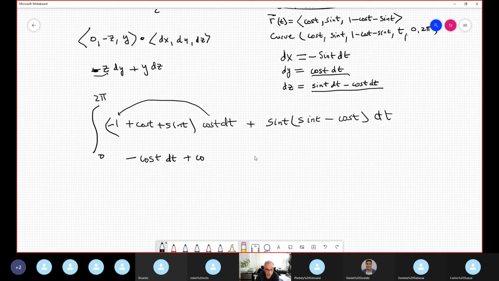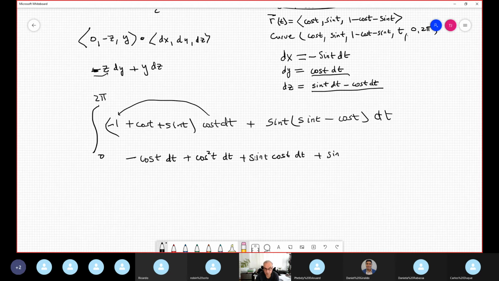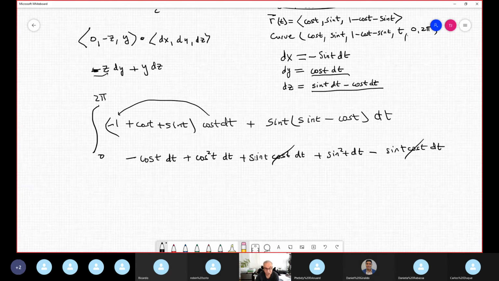This is plus cosine square t dt. And this is plus sine t cosine t dt. And the second part is plus sine square t dt minus sine t cosine t dt. Entonces at least I can see que this and this is cancelled out as 0. You know, and cosine square plus sine square is 1.